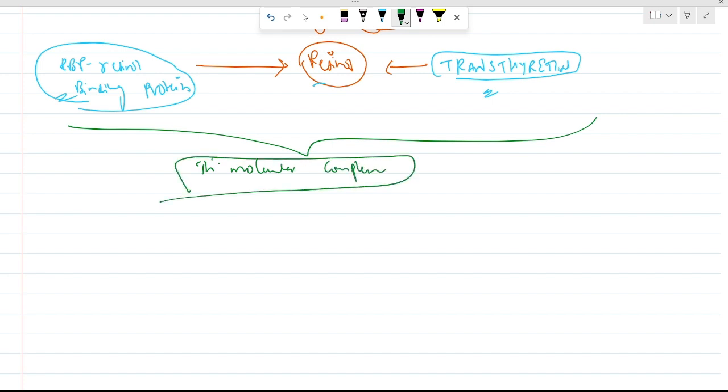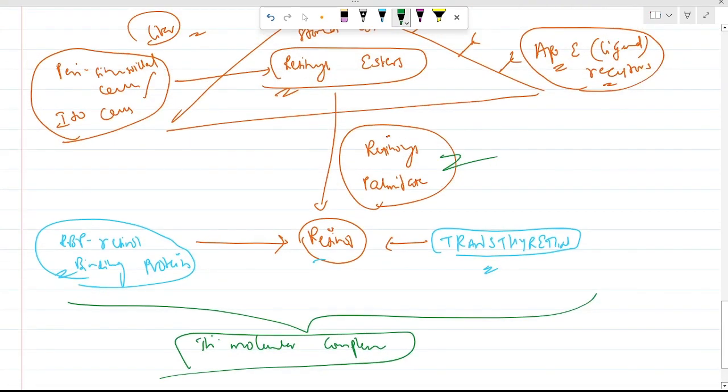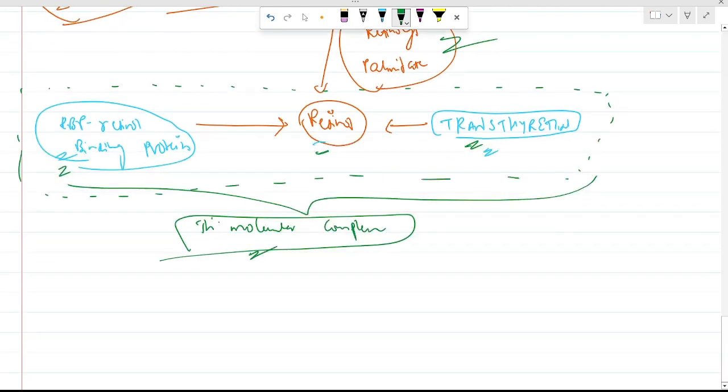Very, very important. After the action of retinol palmitate, retinol is formed, which then combines with transthyretin and retinol binding protein. So these are the three compounds that come together to form the complex. This is called the tri-molecular complex.